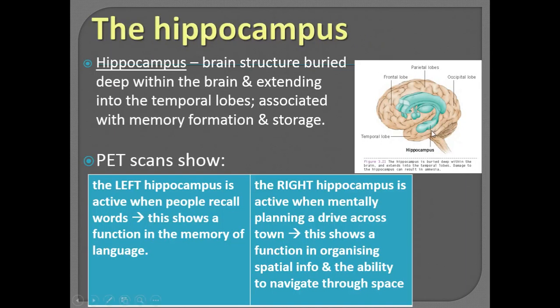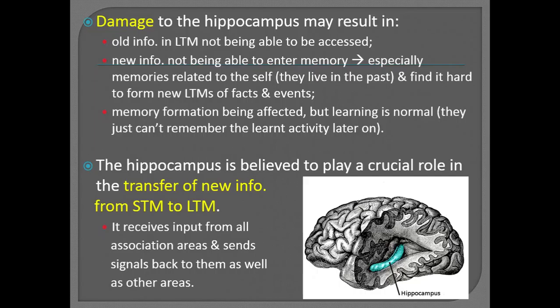The other part I mentioned was the hippocampus. The hippocampus is, again, deep within the temporal lobe. It's also found to be associated with memory formation and storage. Damage to the hippocampus has been found to make it difficult for old information in long-term memory to be accessed, so finding memories.